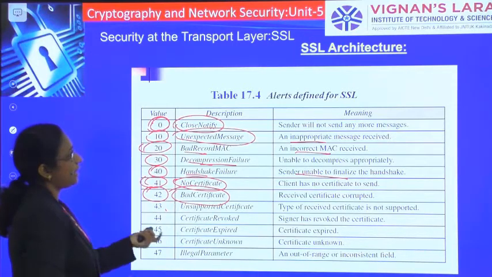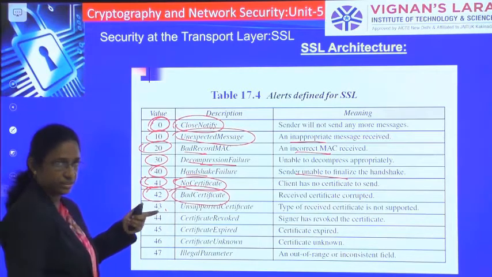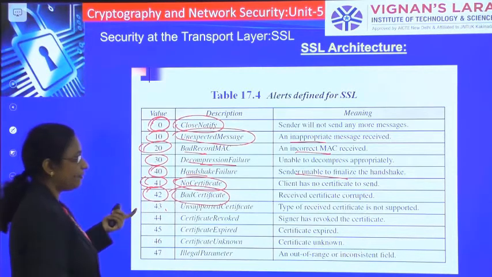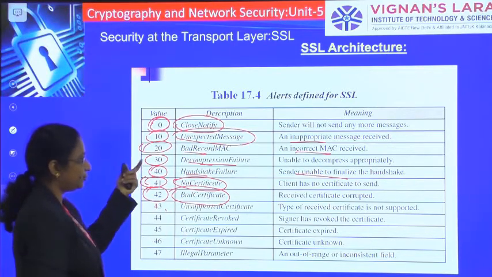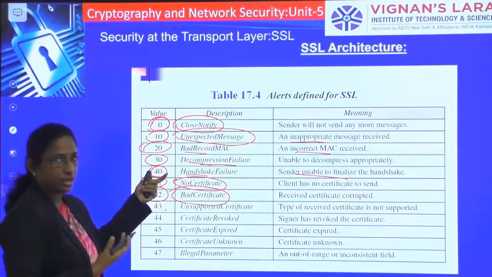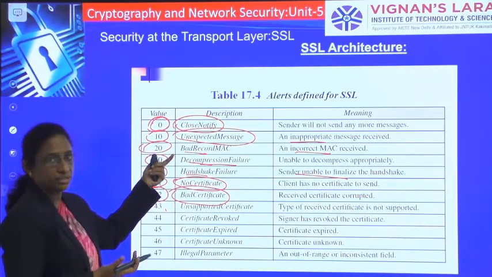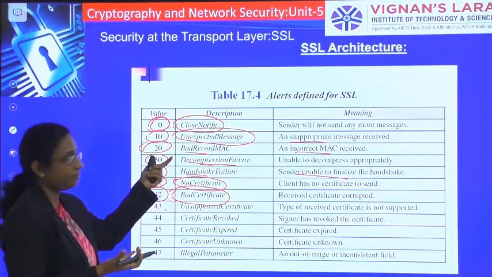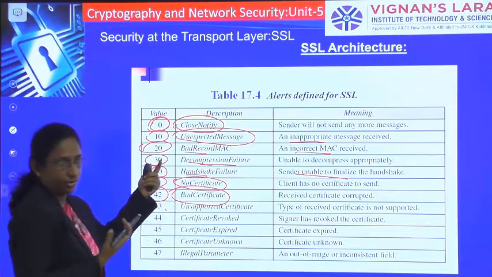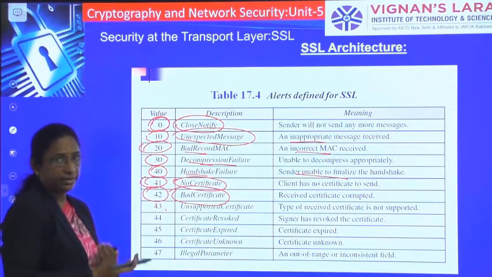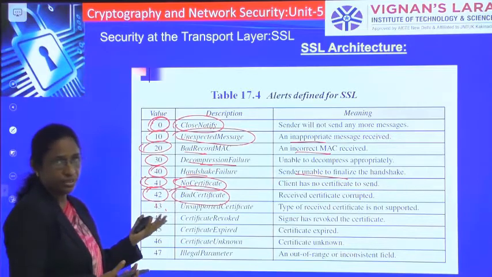In this way we have different types of alerts related to different scenarios. They may be related to your certificates, compression, handshakes, or the MAC code that you generate, and similarly to notifications.